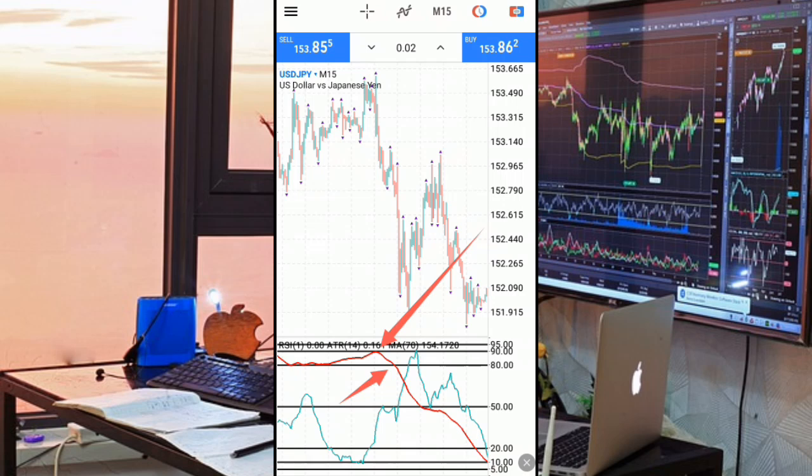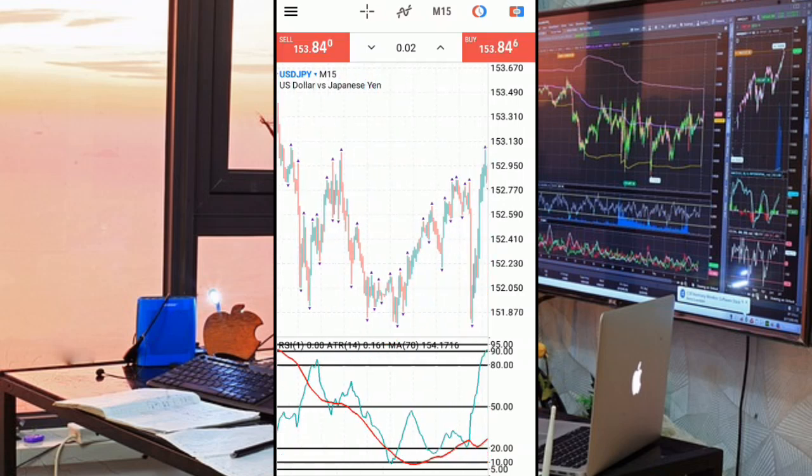And then what we are going to do is that, okay, let me remove this one, we are going to add another trade when price hits the 50 line level on the moving average. So when price hits the moving average there at the 50 line level, you can add another trade. So it means now we've got 2 entries going down.